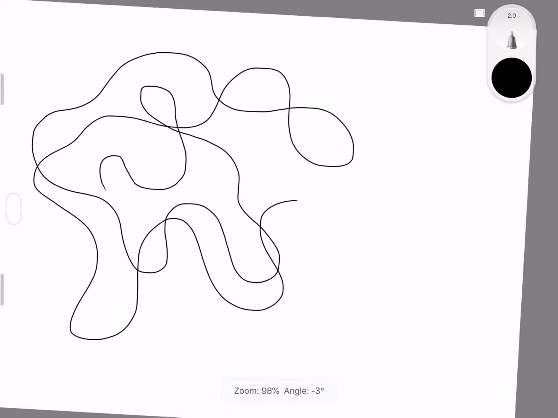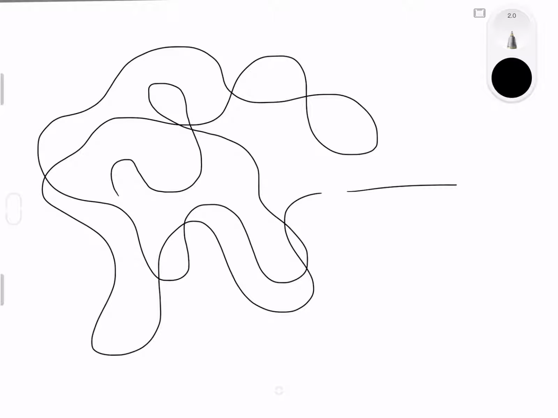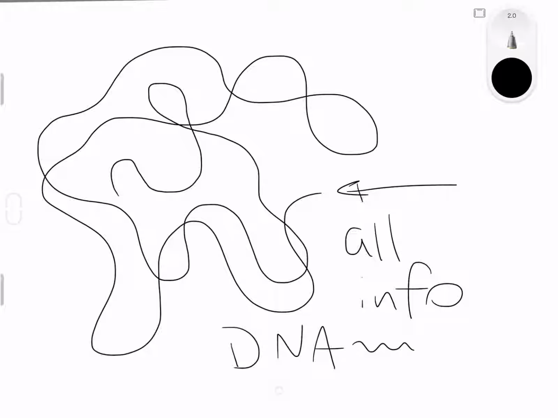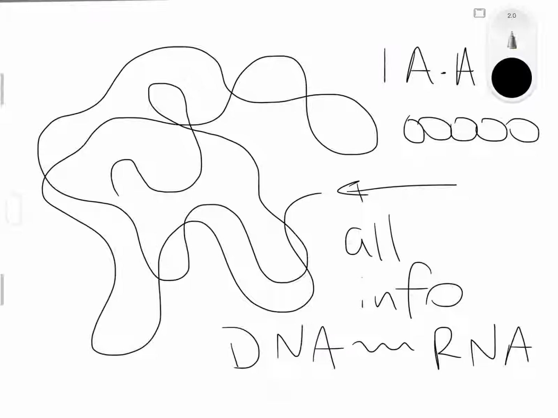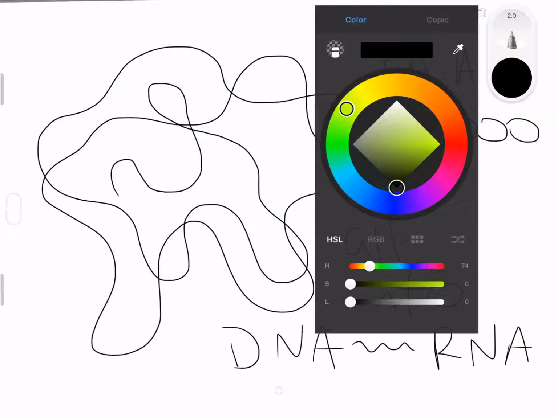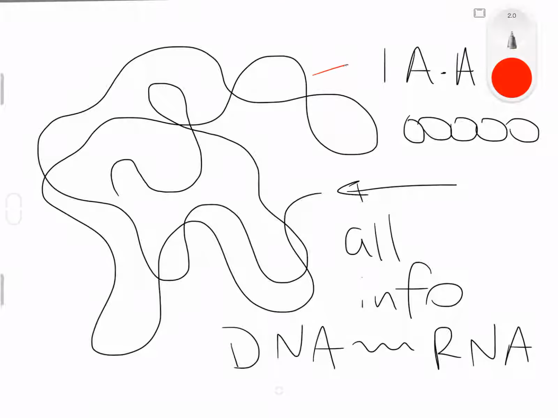This right here contains all of the information that we need for the DNA to then code for RNA to then create one amino acid to then create a protein. I know that doesn't look pretty, but chromatin, you see it right here, this little mess that I made, that's just untangled DNA. So that's that.